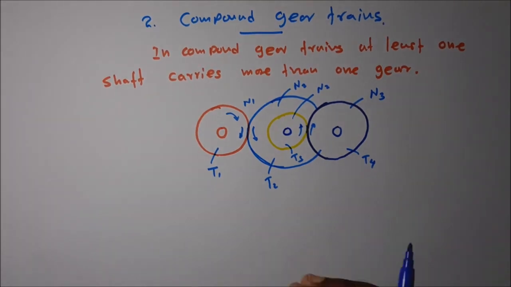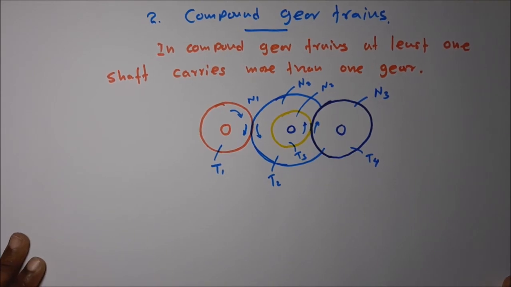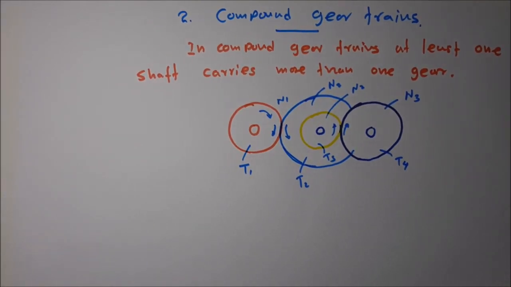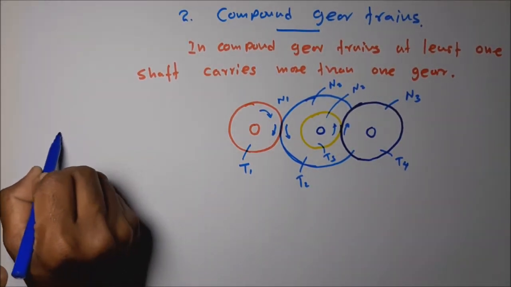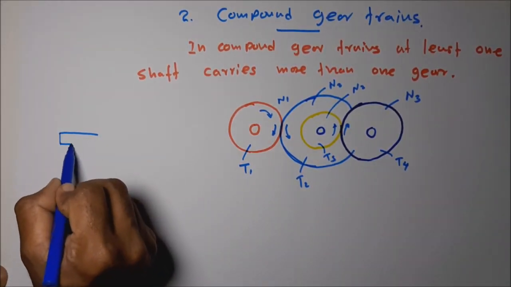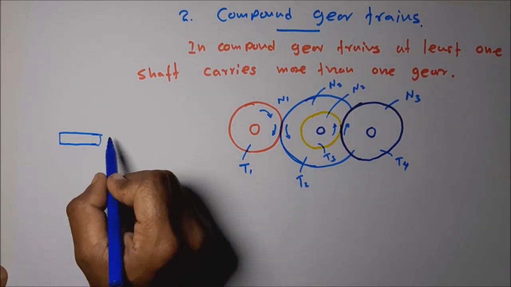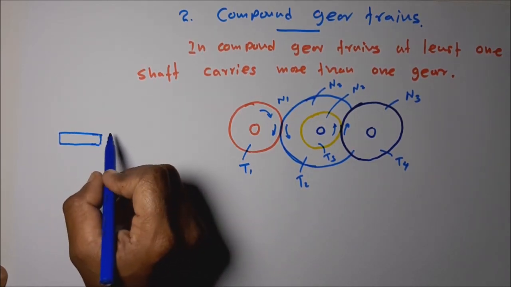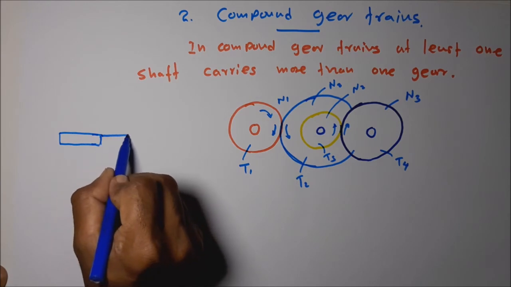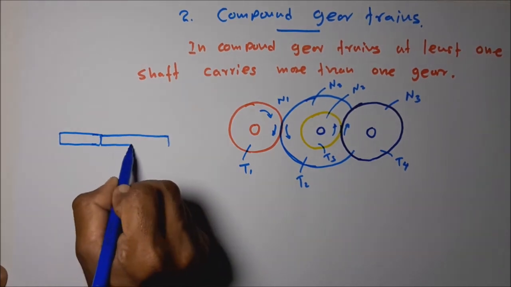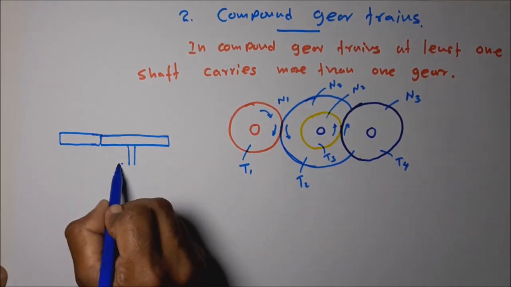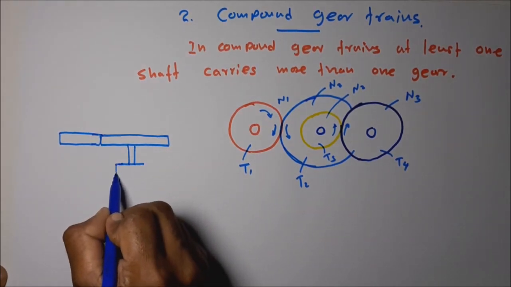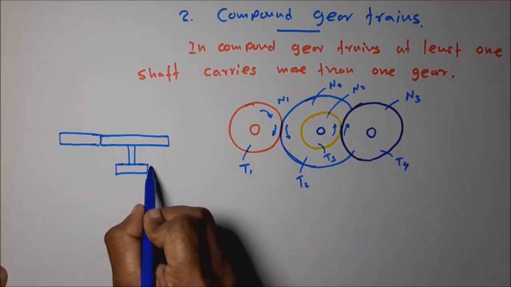If you look from the top, in the plan view, we have this kind of view. This is the first gear wheel, then the second gear wheel in contact, then another gear wheel connected like this.